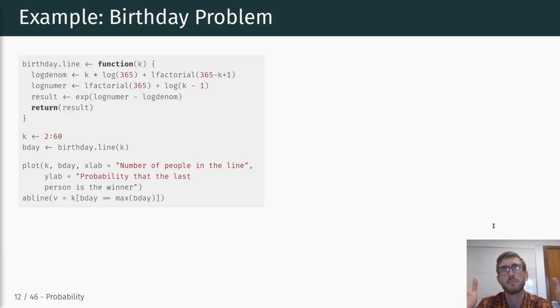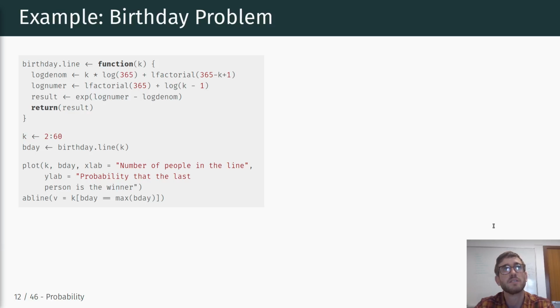If you take the logarithm of the fraction, then if you remember your logarithm rules, that's equal to the difference of the numerator minus the denominator. So the fraction is replaced by the difference. We compute the difference in the logarithms of the numerator and the denominator, and after computing that difference, we take the exponent.